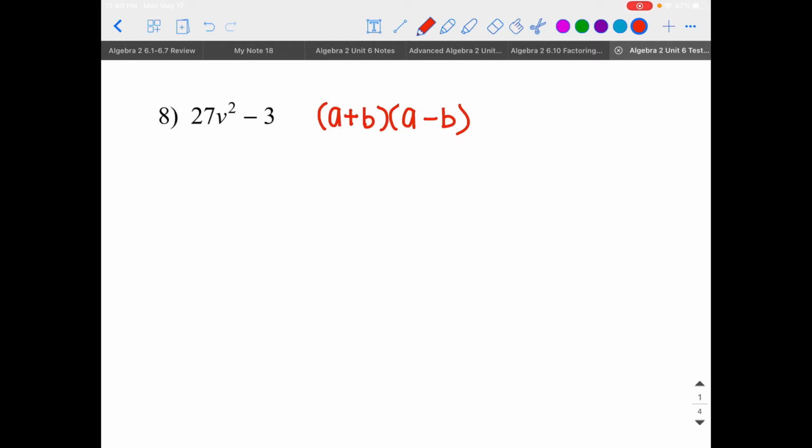Well, 27 and 3 are not perfect squares. So that is your hint that there is a GCF. What number can you divide both 27 and 3 by? 3. And when you divide by 3, you get 9v squared minus 1.